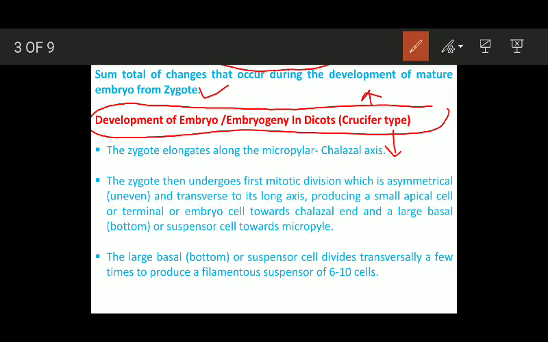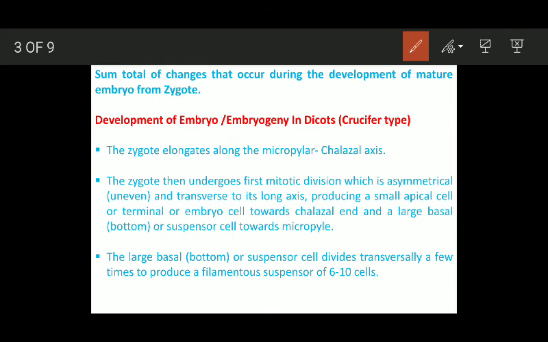That is why dicot embryos are also known as crucifer type embryos. The crucifers are the representatives of dicot embryos, and they have been studied extensively to study embryogeny in dicots.